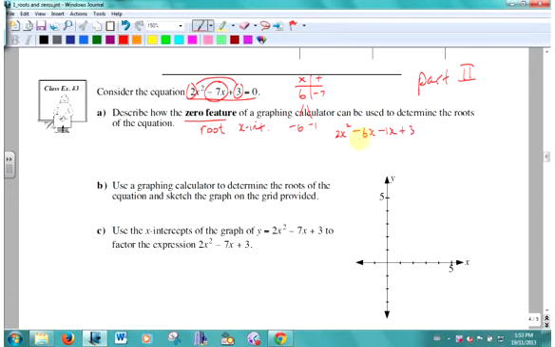What can I take out of the first two? I can take out a 2, I can take out an x. If I multiply that by that, I get this again. Okay, what can I take out of here? Well, not much, but remember, I want this in the brackets.